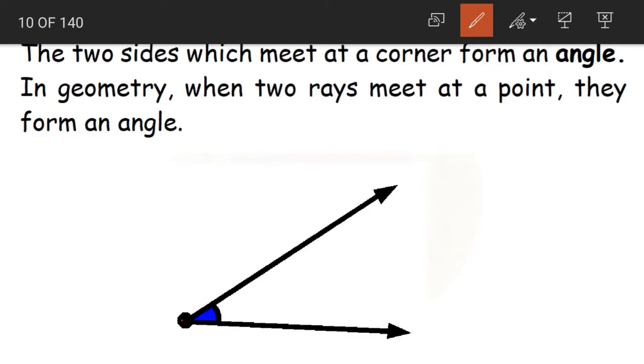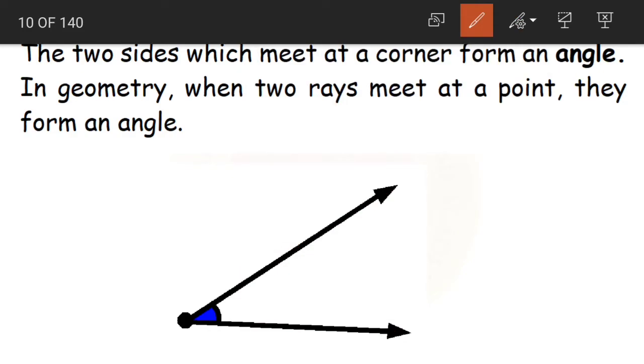In geometry, these are two rays, right? One has an end point, and then on the other side it can extend. The arm can extend. See, so these are two rays. Now two rays are meeting here. So when two rays meet at a point, they form an angle.